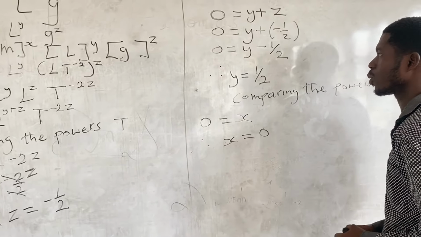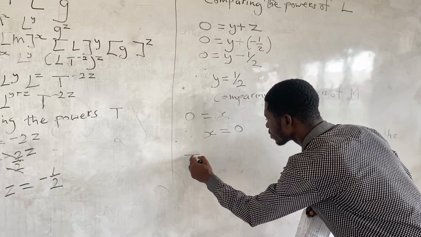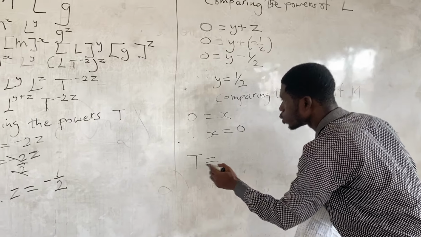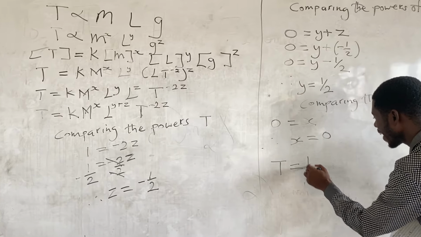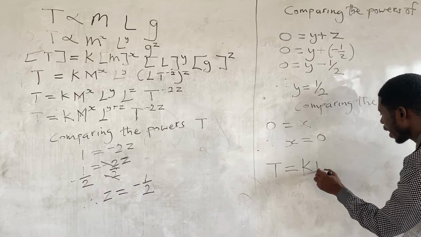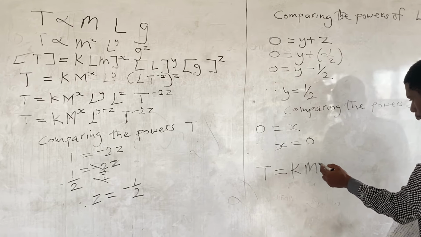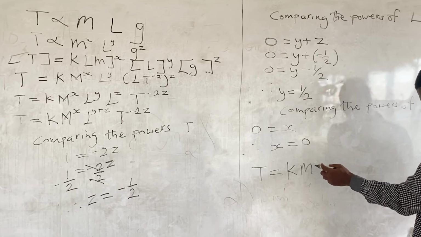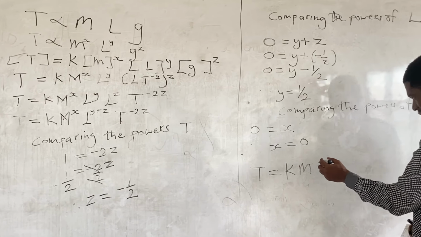So now we have T equal to K, M to the power X, but now we know X. X is 0.